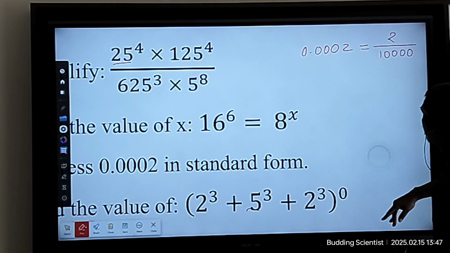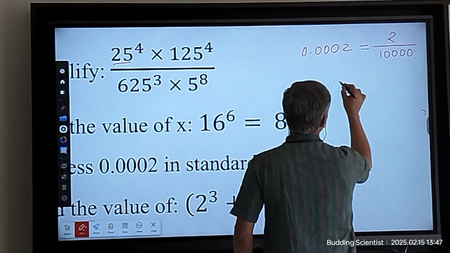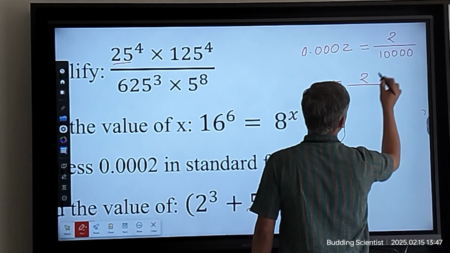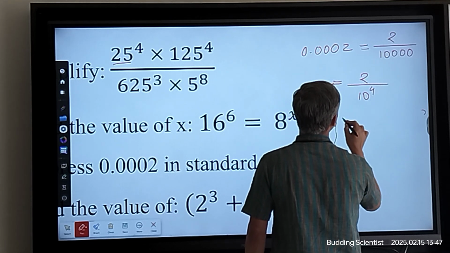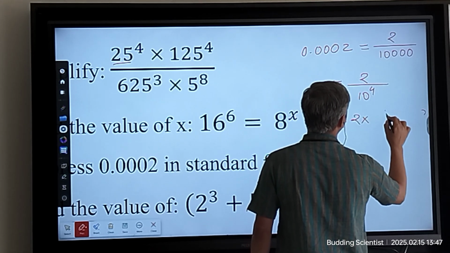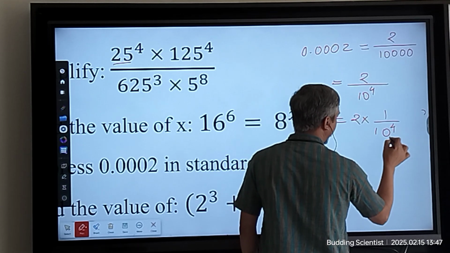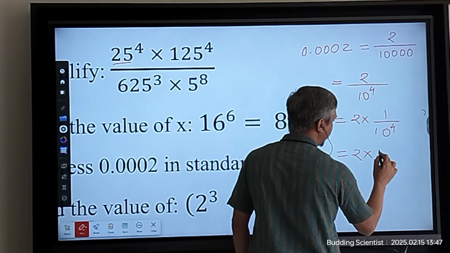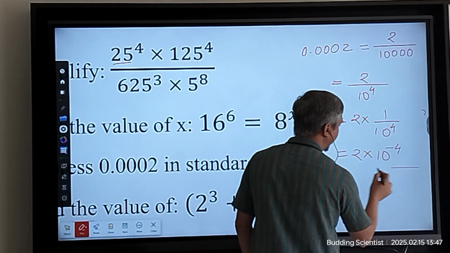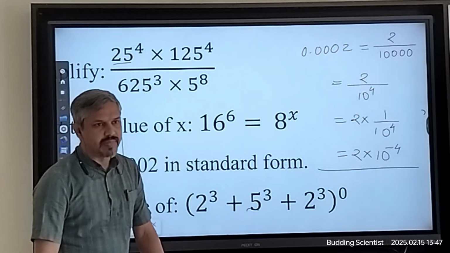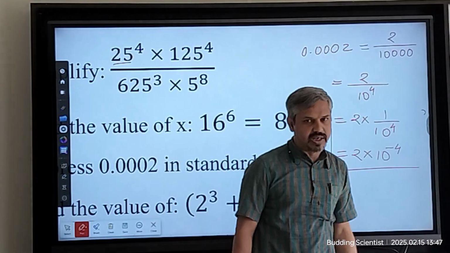So our number is 2 upon 10,000, which is equal to 2 upon 10 raised to 4, which is equal to 2 into 1 upon 10 raised to 4, which is equal to 2 into 10 raised to minus 4.